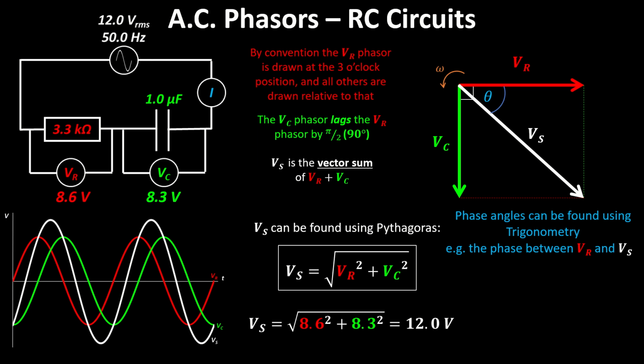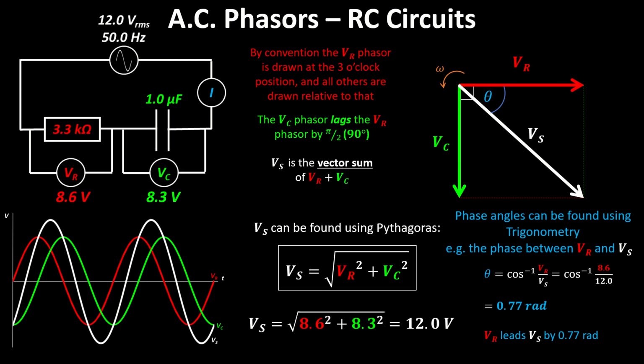So, for example, you could be asked to find the phase between VR and VS, which you would do using trigonometry, in which case theta is the inverse cosine of VR over VS. So it's 8.6 over 12, which is 0.77 radians. So you would say the resistor voltage leads Vs by 0.77 radians. Or just as validly, you could say Vs lags VR by 0.77 radians.